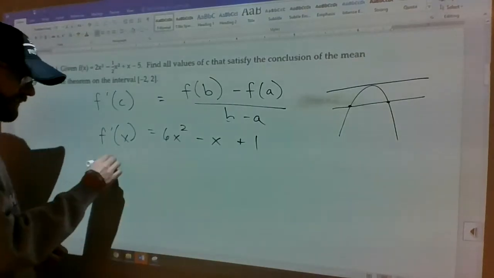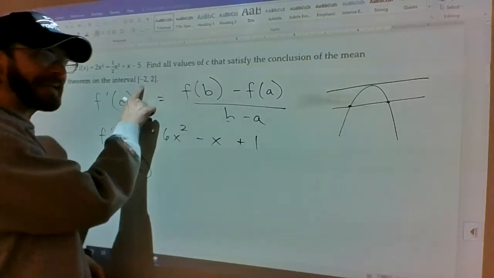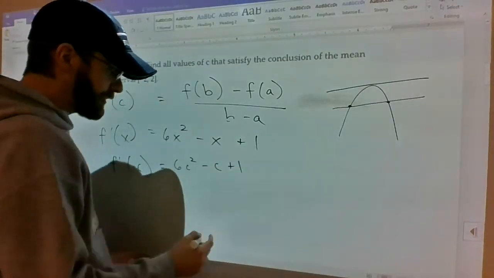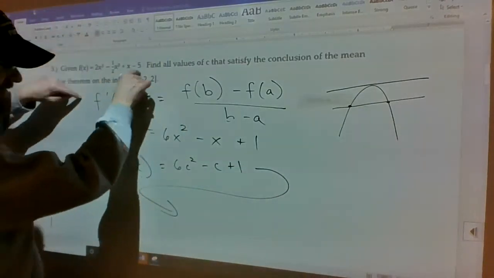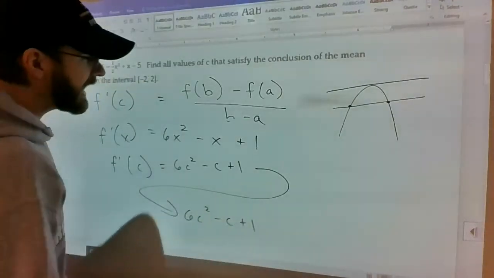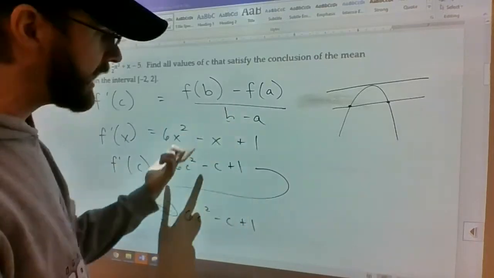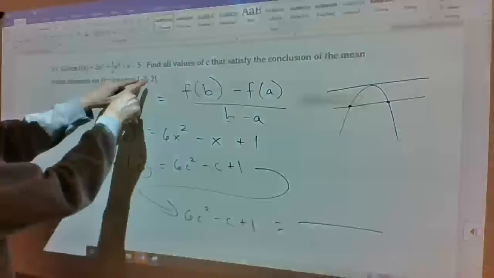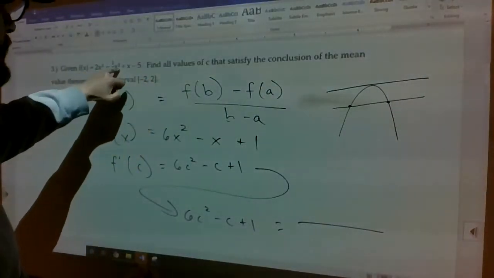So now if we're talking about this C value that lives between A and B, we just say, all right, here's the function as is. This now becomes the left-hand side of this equation. And now you do f of b minus f of a over b minus a. You're going to actually compute this slope in between -2 and 2. So all we have to do is plug in 2 for x.